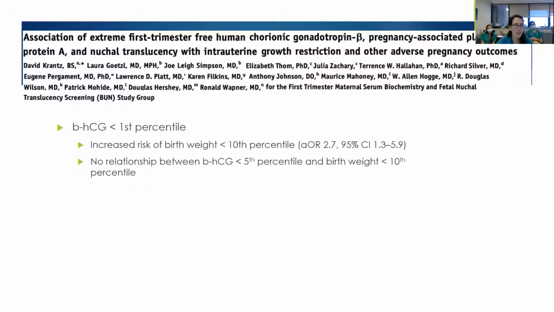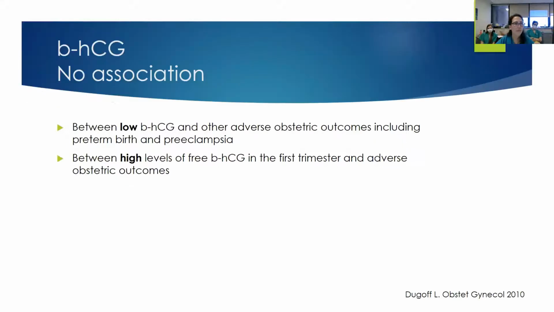The BUN study group showed that an HCG less than the 1st percentile was associated with an increased risk of birth weight less than the 10th percentile, but there was no relationship with HCG less than the 5th percentile and birth weight less than the 10th. There was no association between low HCG levels and other adverse obstetric outcomes like preterm birth and preeclampsia, or between high levels of HCG in the first trimester and adverse pregnancy outcomes.